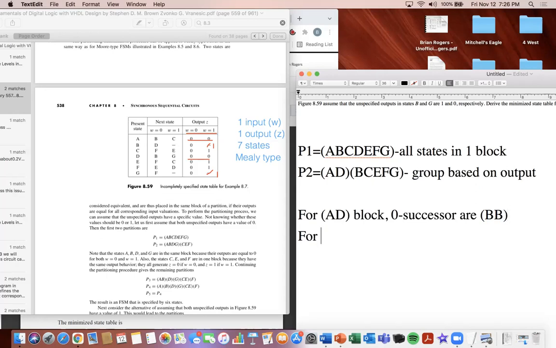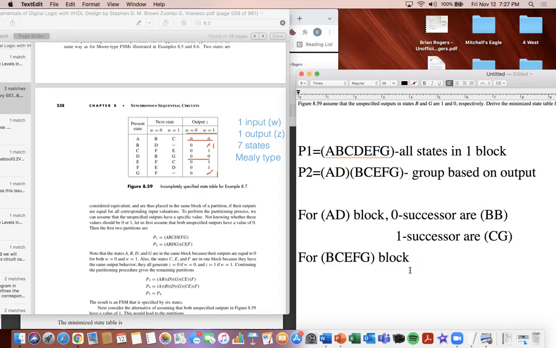Oh, sorry, I forgot to check the 1 successors. The 1 successors are for A, it's C, and for D, it is G. And so what we have here, C and G, they're in the same block, we're good.